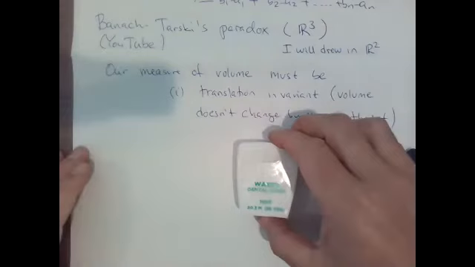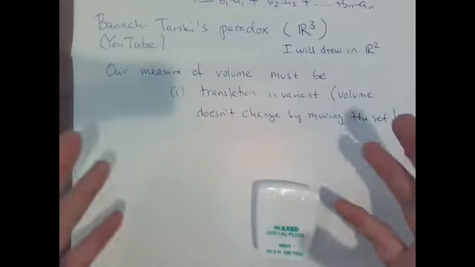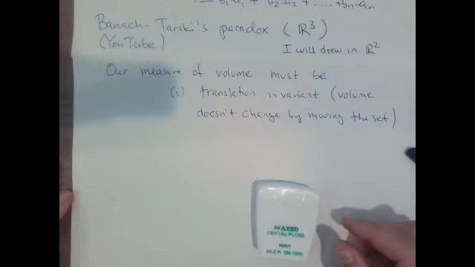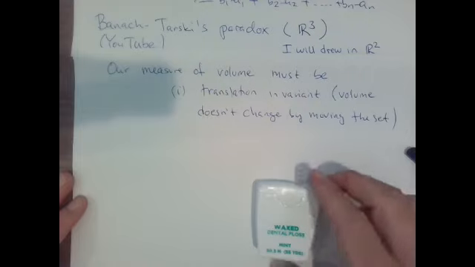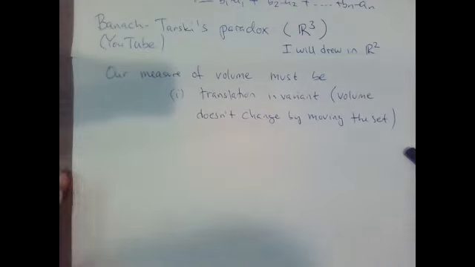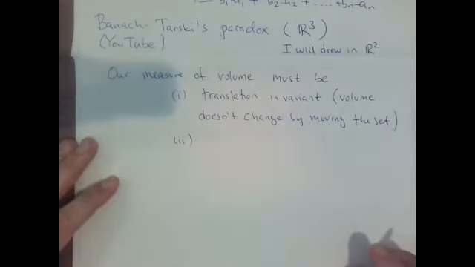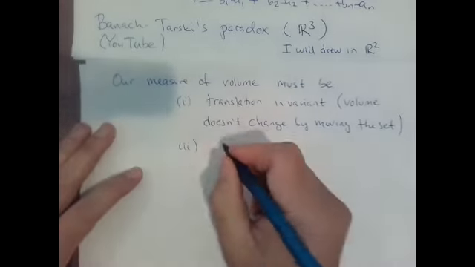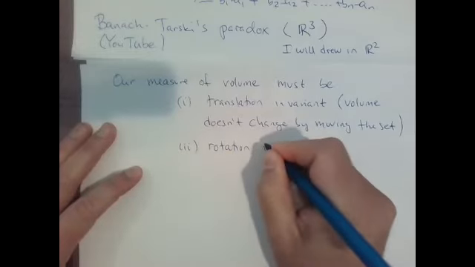I can move the set wherever I want, and it doesn't change the number that I assign as its volume. Okay, that seems reasonable. And the other thing that we want is to be able to rotate it. Rotation invariant.